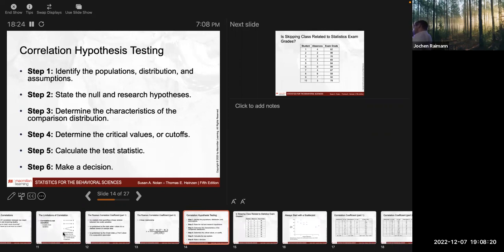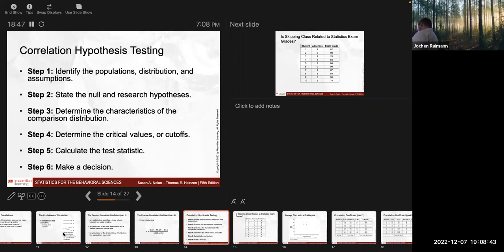Hypothesis testing in correlation again follows the same outline as we essentially did for hypothesis testing with the z distribution and the t distribution. We identify our population and our distributions, and make our assumptions, which are again normal distribution and random samples.